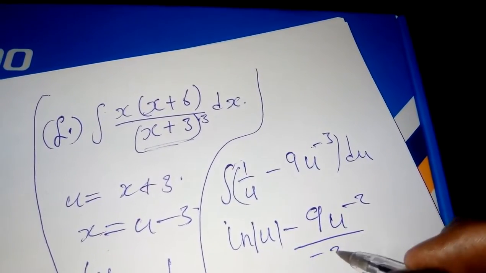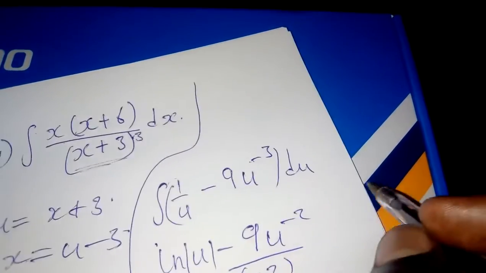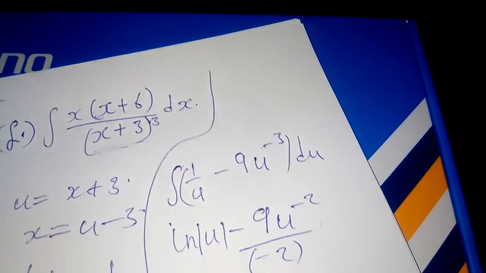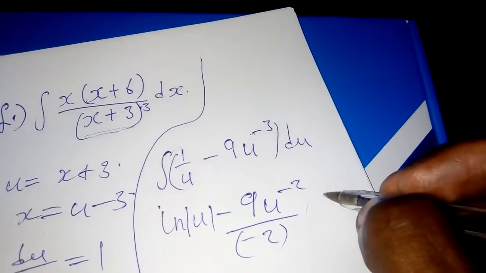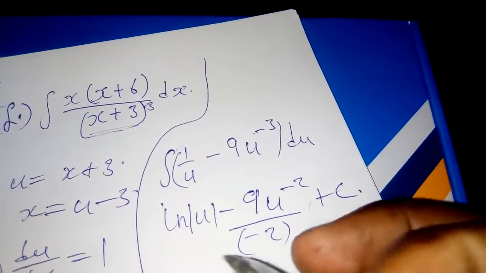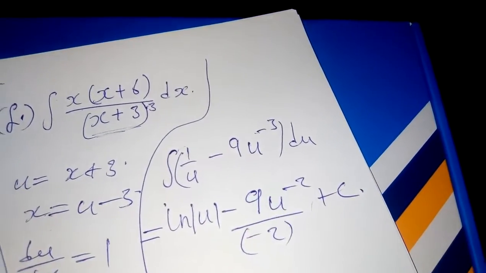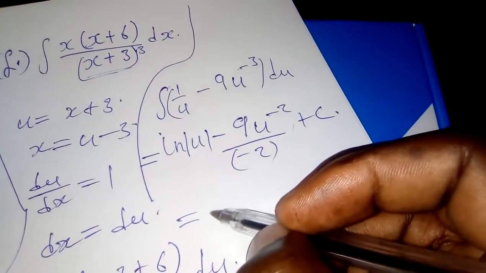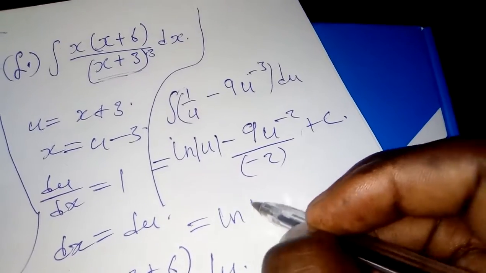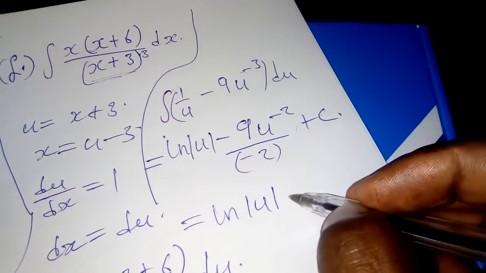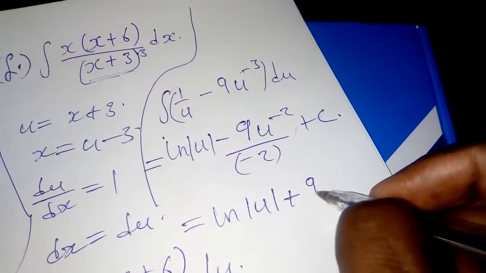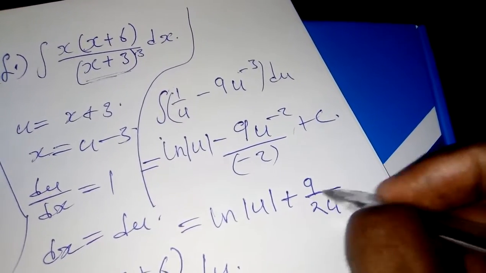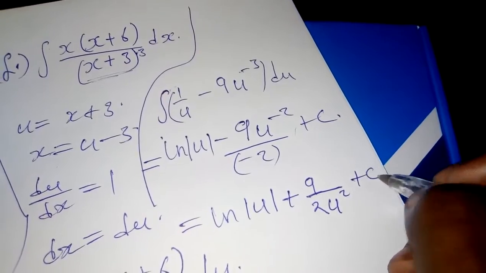Then divide by the new power there, which is negative 2, and then you get your solution, you also add your constant there. So here the solution now will just be equal to the ln of u, and then this will be plus 9 over 2 u squared plus c.